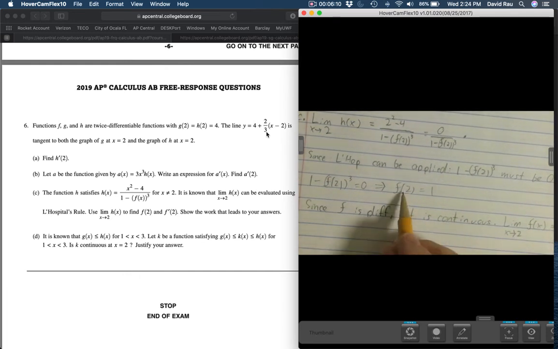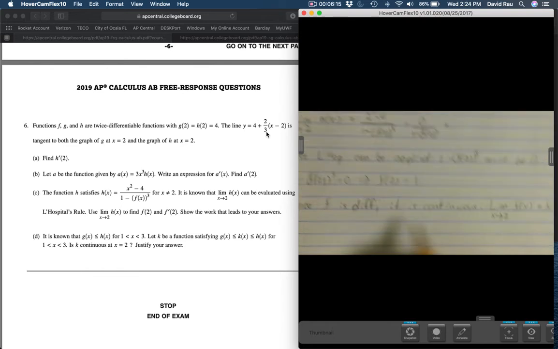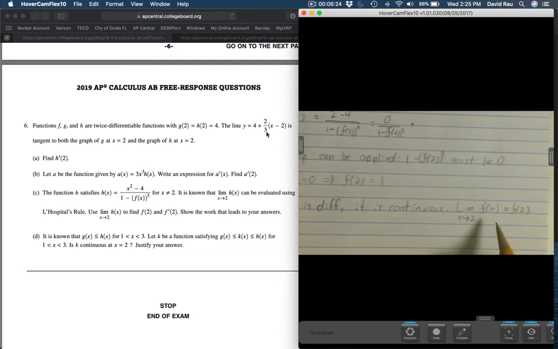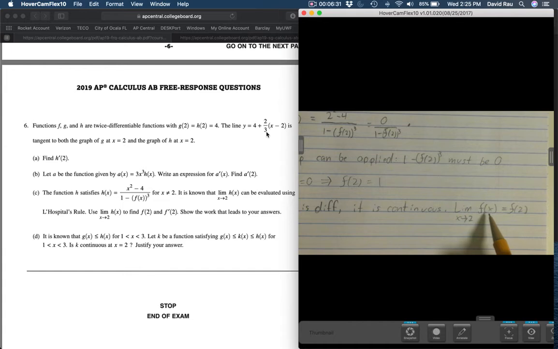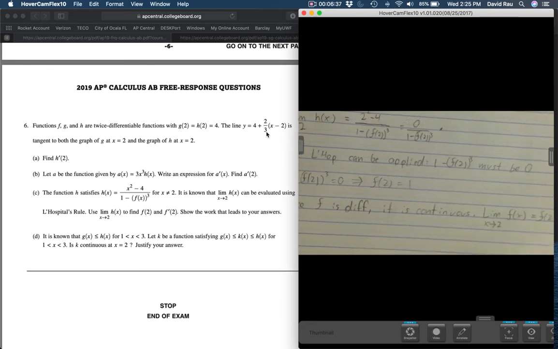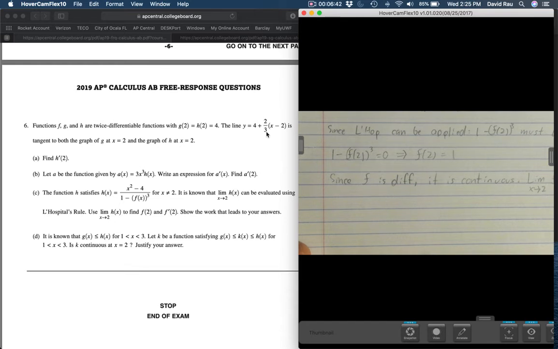In other words, it wasn't guaranteed that f of 2 is exactly 1, unless we can explain that because we can take the limit of f, and f is differentiable and continuous, the limit we get for this is the actual value of the function at that point. So that fully satisfies why f of 2 is 1. Up next, we have to figure out what f prime of 2 is.